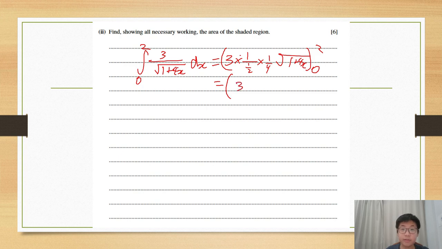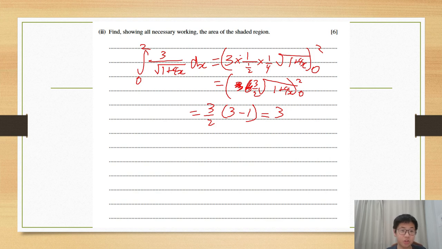So 3, then we get 6 square root of 1 plus 4x. And then we divide this by 4, so this is basically 3 over 2, from 2 to 0. And then 3 over 2 times 3 minus 1 if we do the limits, and then we get 3.